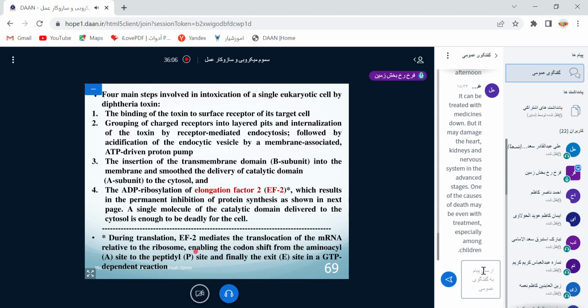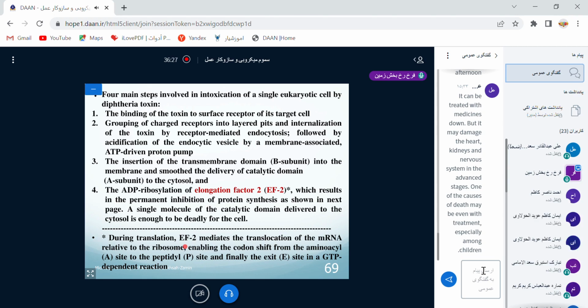If you forget initiation, elongation, and termination in protein synthesis, very simply you can go through the internet or a book and review it.